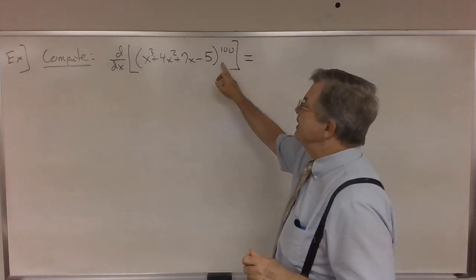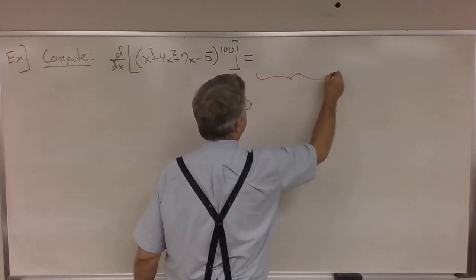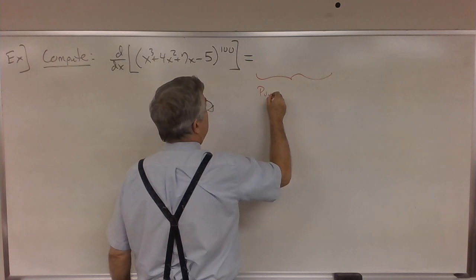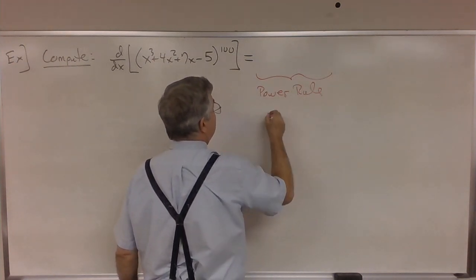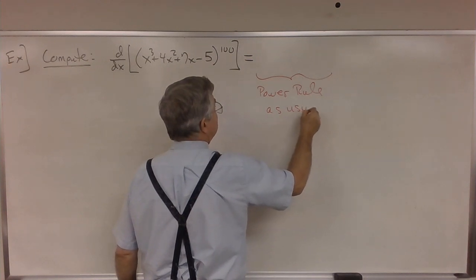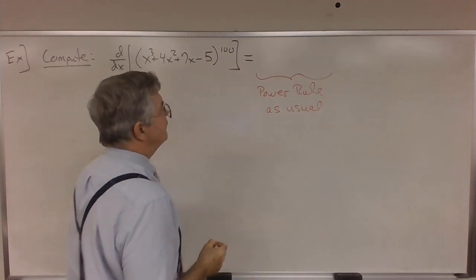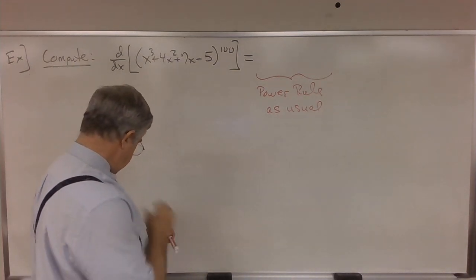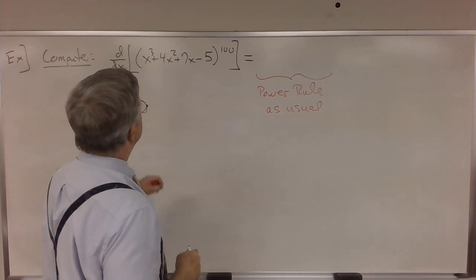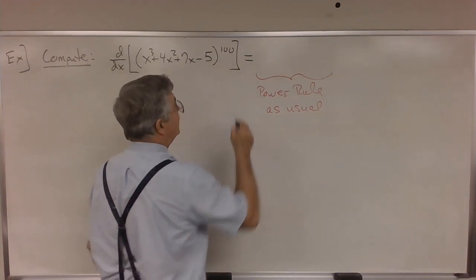And this is a function raised to a power. So the first thing that we're thinking is power rule, as usual. Excellent. So let's see, the outer function is something raised to the 100th power.